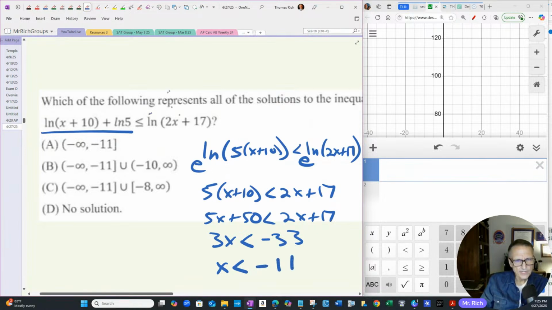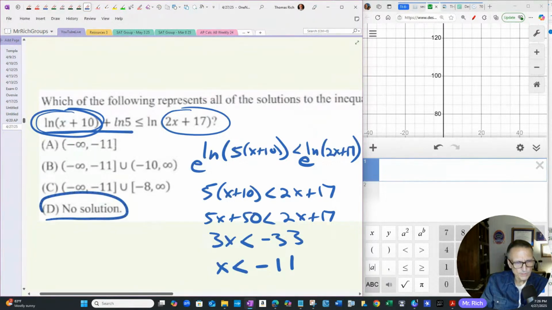Now, if x is less than negative 11, what that tells me is that there's going to be no solution here, because any number where x is less than negative 11 is going to make this natural log undefined. And the same with this one as well. So the functions really are not even defined there. So we're going to have to go with no solution on this. Okay.